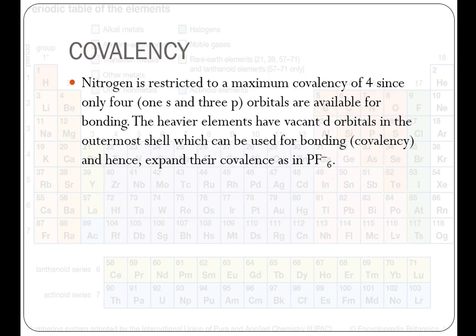Maximum covalency in nitrogen is restricted to 4 since only 4 orbitals, 1 s and 3 p orbitals, are available for bonding. The heavier elements have vacant d orbitals in the outermost shell which can be used for bonding. Therefore, they can expand their covalency, for example, in PF6-.